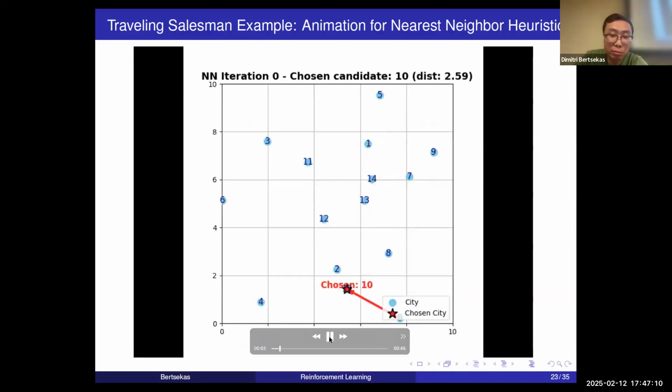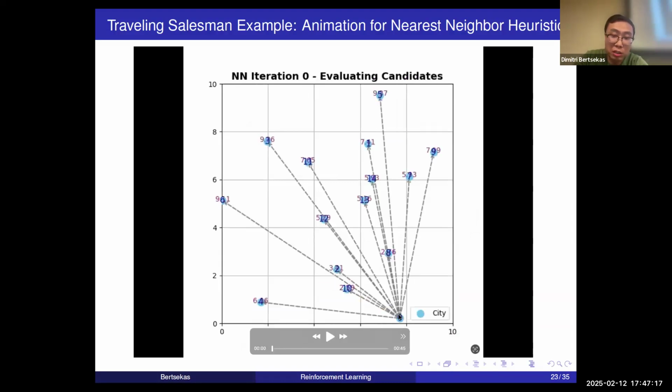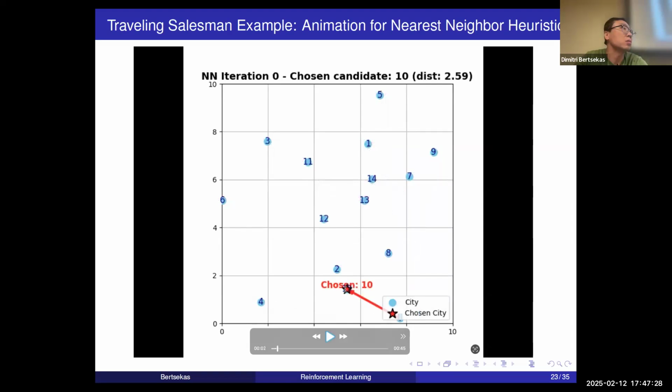So starting from city 0, it first lists all the distances from city 0, and looks at all the distances and chooses the one which is nearest. And as it turns out, it's city 10. You can visually measure it. It seems obvious.